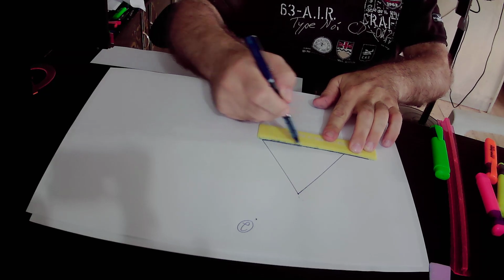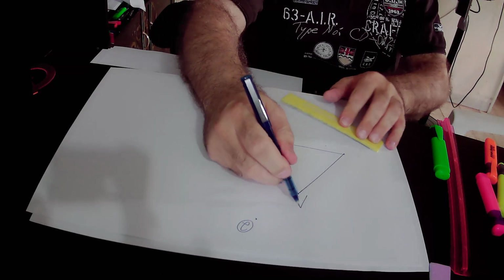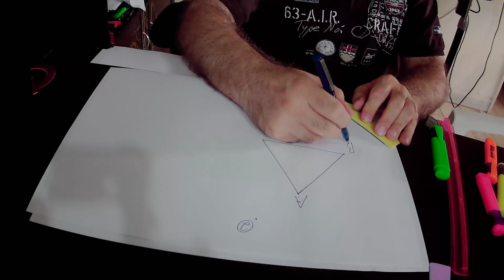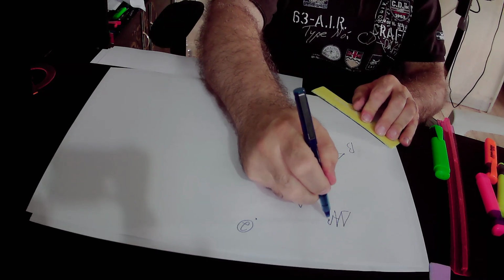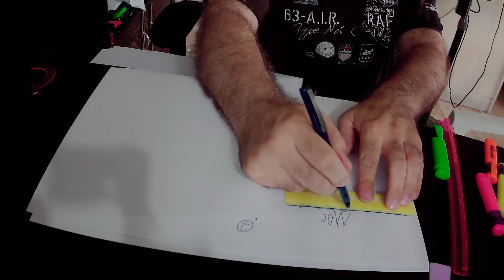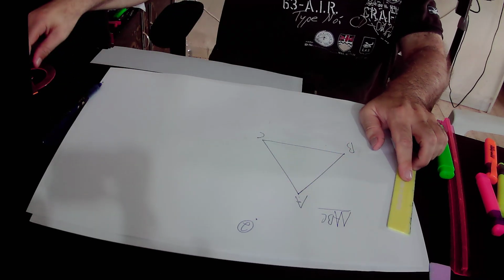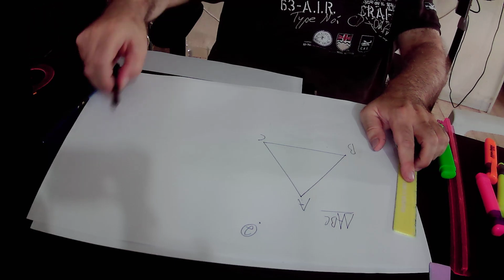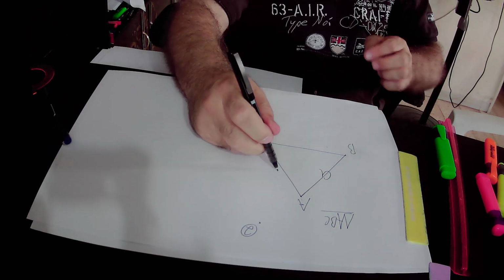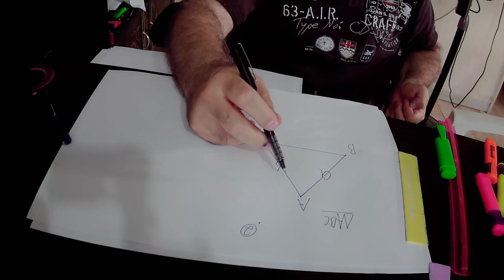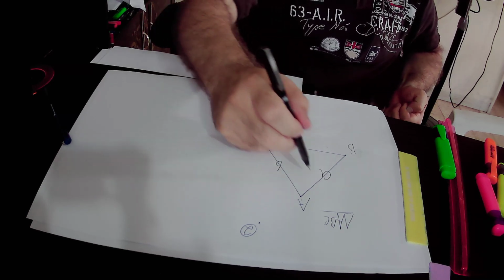This is triangle ABC. And we know that the length of side AB of triangle ABC is A units. Side AC equals B units in its length. And the angle between side AB and side AC is theta.